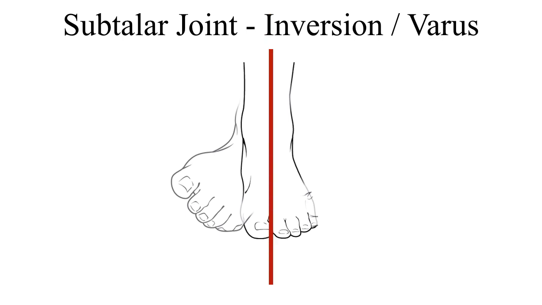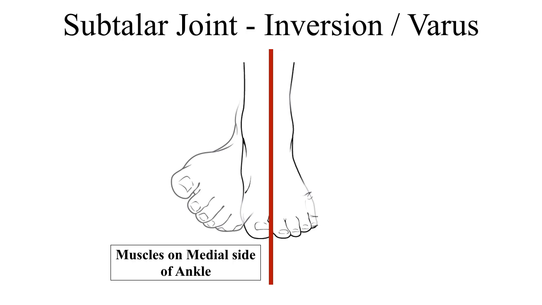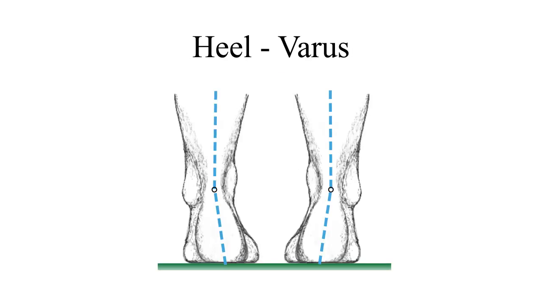Now when we draw a straight axis along the middle part of the leg and the foot, any muscle which is present medial to this axis, drawn along the midline of the leg and foot, can cause inversion or varus at the subtalar joint. This is an example of heel varus.